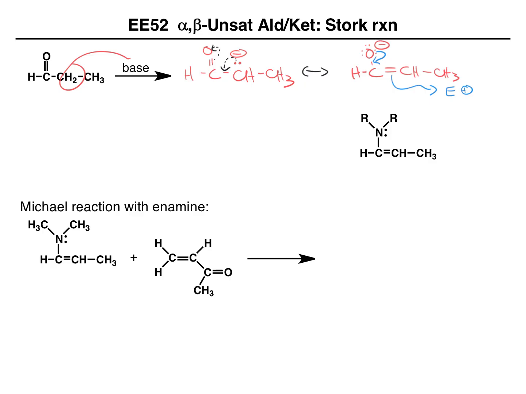So let's think about this resonance structure of the enolate, and compare it to this compound, which, if you recall, is an enamine. So we made these by nucleophilic addition of a secondary amine to an aldehyde or ketone.